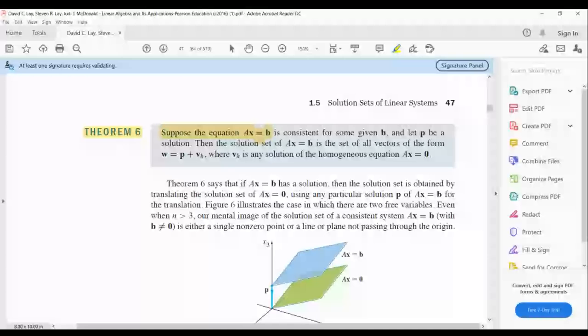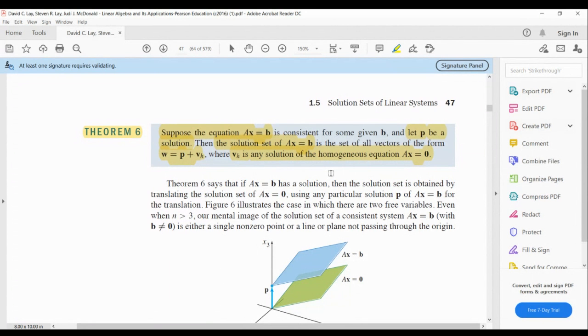And there's theorem 6. Suppose the equation Ax = b, in other words, suppose the non-homogeneous system, is consistent for some vector b, and let p be a solution. Then the solution set of Ax = b is the set of all vectors of the form w = p + vh, where vh is any solution of the homogeneous equation.